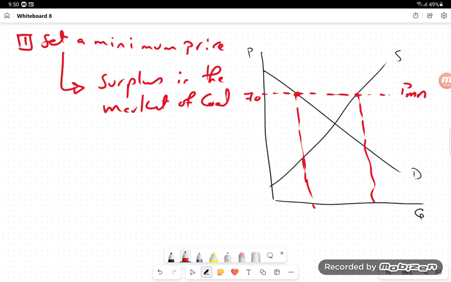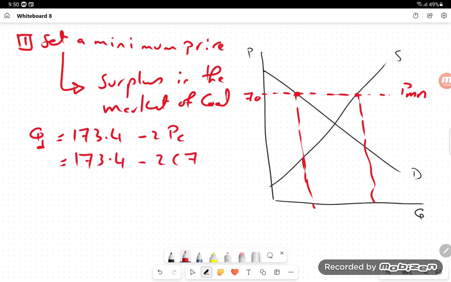So if the price were set at 70, QD equals 173.4 minus 2 times P, or 173.4 minus 2 multiplied by 70, so the quantity will be 33.4. Quantity demanded at price 70 is 33.4.